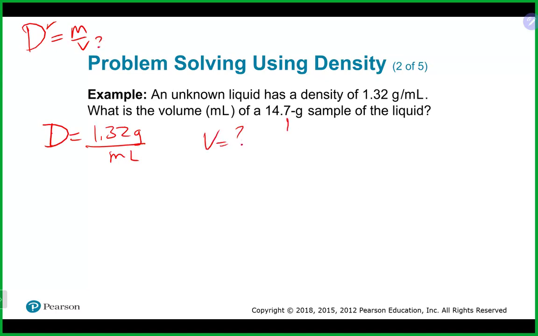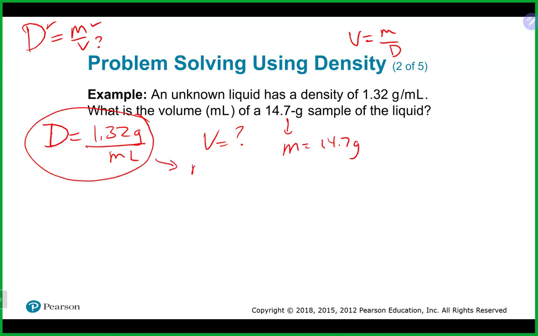And obviously here we have a mass that is 14.7 grams. So we do have a mass. So clearly, just like last time, if you wanted to, you could rearrange this equation, mass over density. But once again, since you do have the density given to you, which again can be used as a conversion factor, you may just want to take that dimensional analysis approach, and you could flip this around and use it like such.